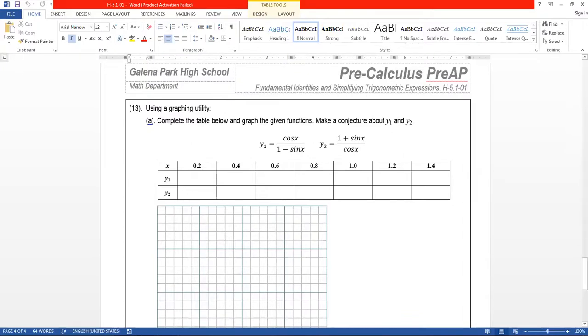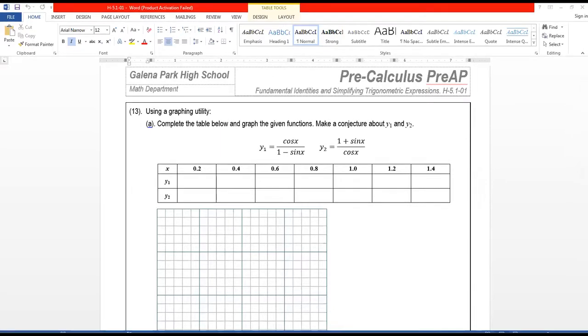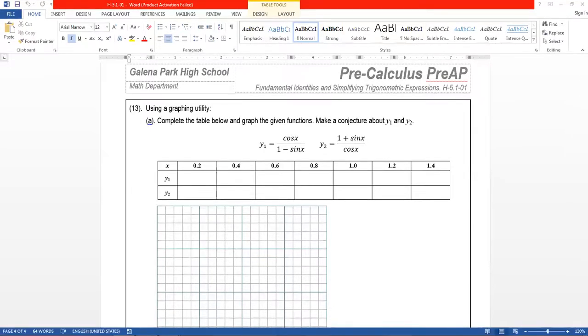Okay, let's go back to Desmos. So I put here in the next value, so I enter. So here, this one, then press enter. No, right here. So here, press enter right here. Then I put 0.4. And then in the next one, the same expression, cosine of 0.4, parentheses, this one, 1 minus sine of 0.4, parentheses.